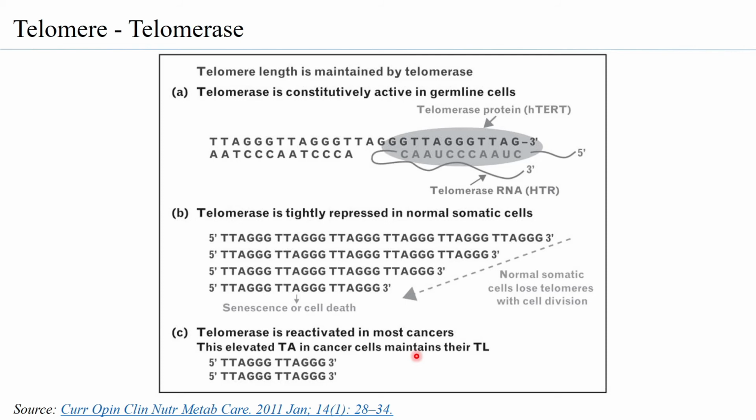But somehow the cancer cells, many of the cancer cells reach immortality because you have the telomerase again active in those cells, and because they are active, the telomere length doesn't shorten, and because they do not shorten, the cancer cells get the immortal condition, so they live, they do not age. Okay, so that is something that has been observed with many cancer cells.